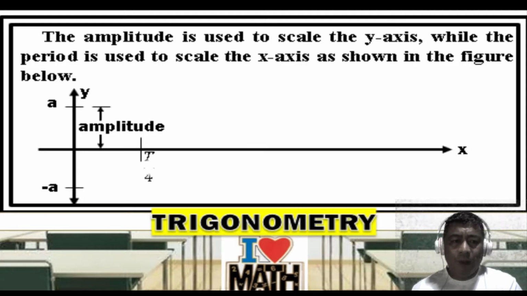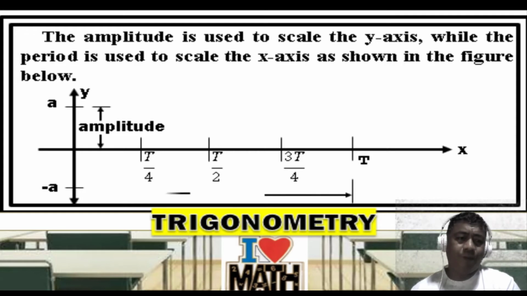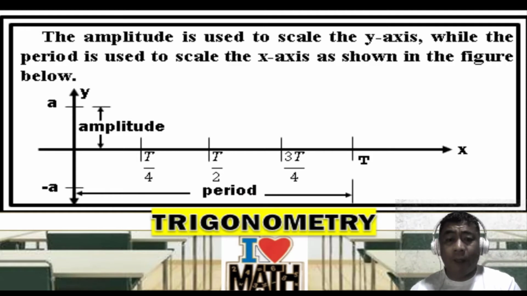And we have here T over 4, T over 2, 3T over 4, and T. So starting from 0 to T, this is simply what we call the period. So take note of that. A period is simply one cycle of the graph.